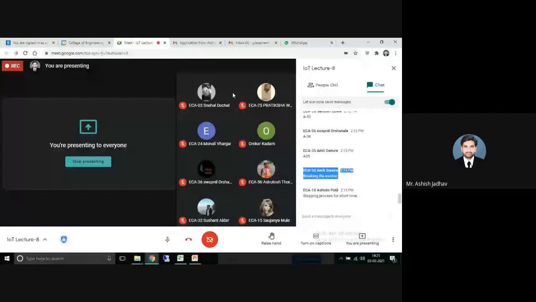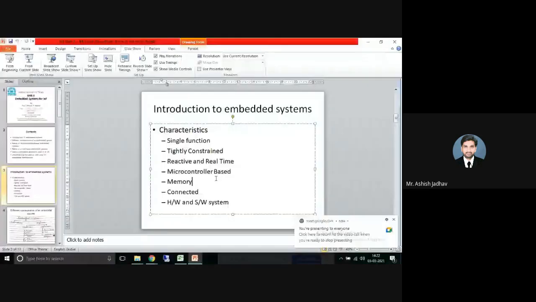That's why our embedded system must be microprocessor or microcontroller based, right? So that is why I have mentioned here, the embedded system must be microcontroller based. That simply means it has to have a microcontroller or processor inbuilt.